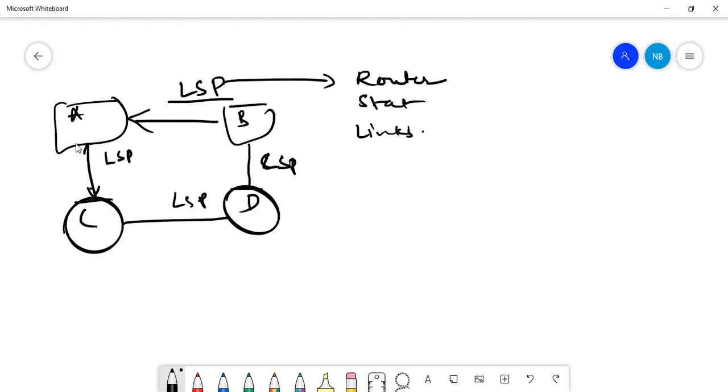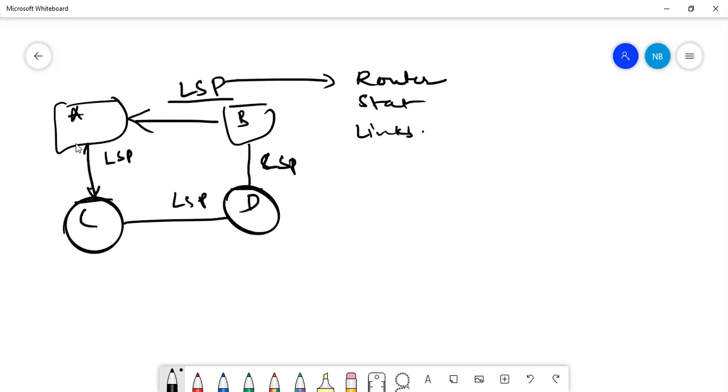Distance vector routing will not share the information with everyone; it will share information with the neighbor nodes only. But here, once a router sends an LSP packet to a neighbor router, that neighbor router will forward that LSP to the remaining routers which are connected to it.